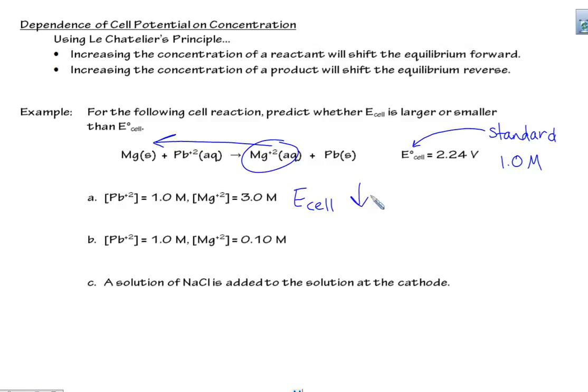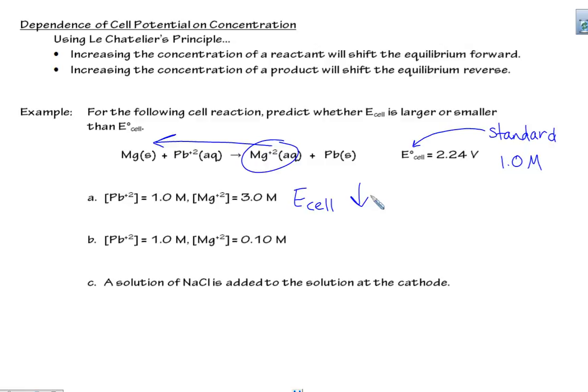We're not going to pull as many electrons through the system if we're shifting in reverse. So you should see the cell potential something less than 2.24 volts. Something like B. Now what if I take that magnesium concentration and decrease it? So the lead is staying standard, 1 molar, and we decrease the concentration of the magnesium.